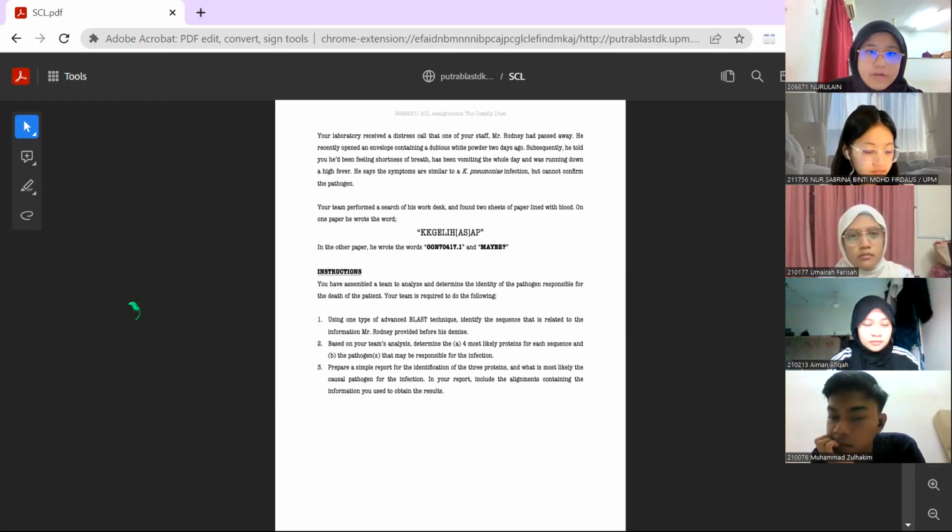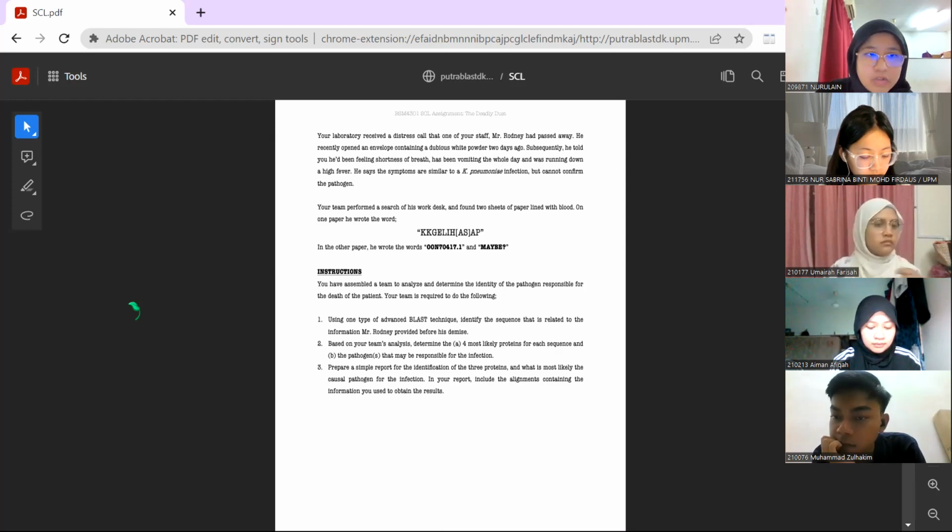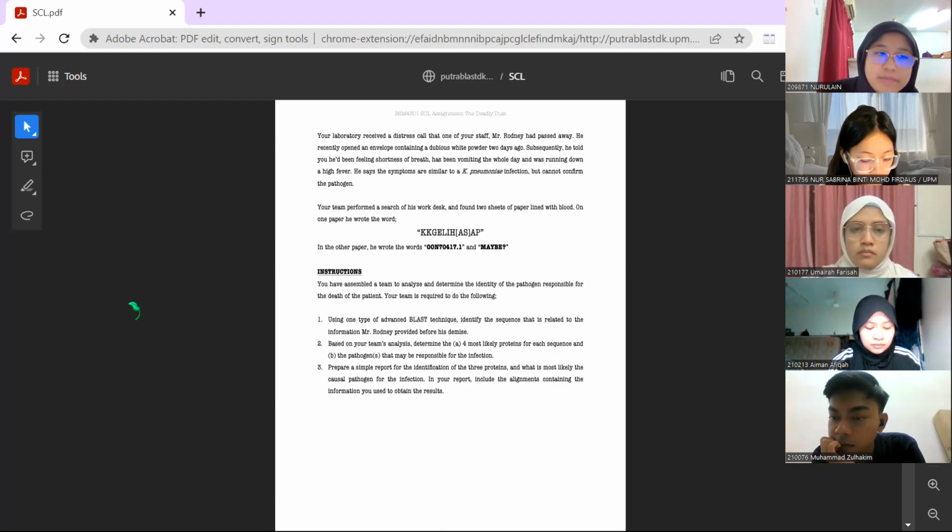The infection is unrelated to the respiratory tract, thus it does not cause shortness of breath. Additionally, Bacillus cereus is transmitted through the ingestion of contaminated food, making it less likely that Mr. Rodney ingested the white powder if it was contaminated with Bacillus cereus.